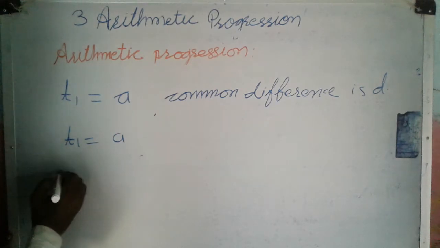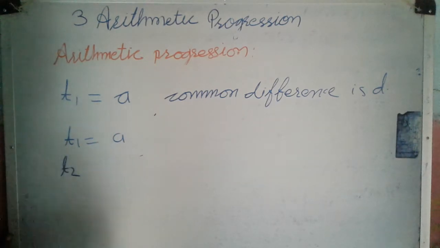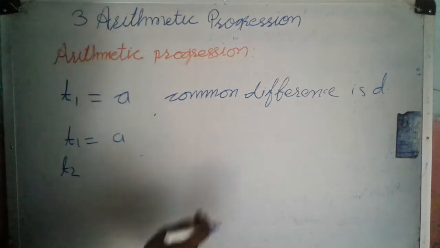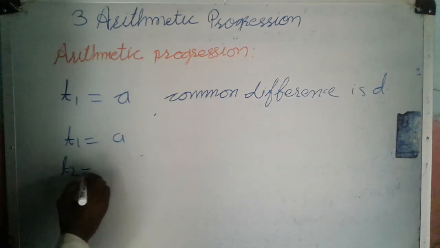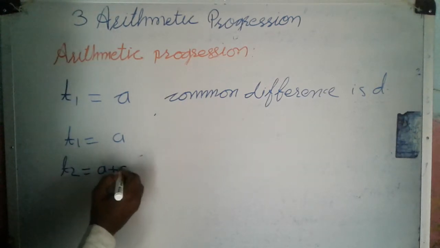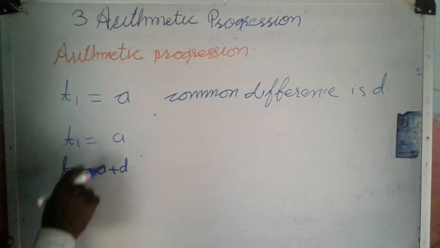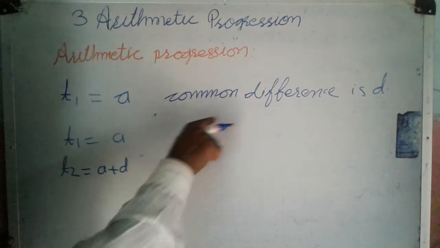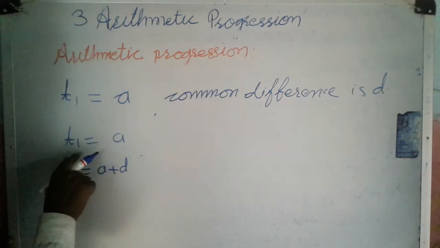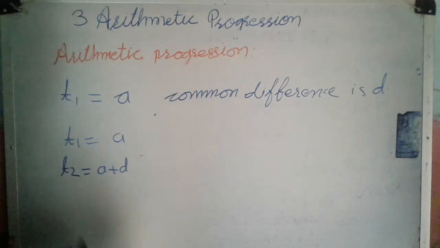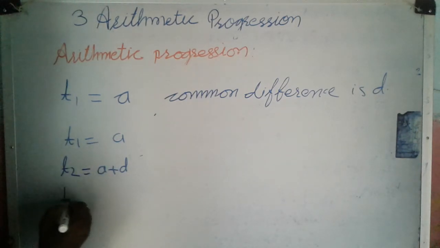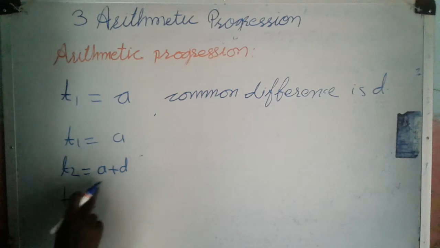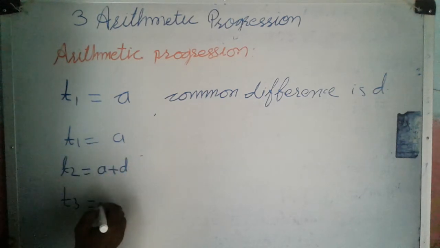Now to find the second term, we will add the common difference to the previous term. That means a plus d. After adding the common difference to the previous term, we will get the next term. To find the third term, T3, we have to add the common difference to the second term.